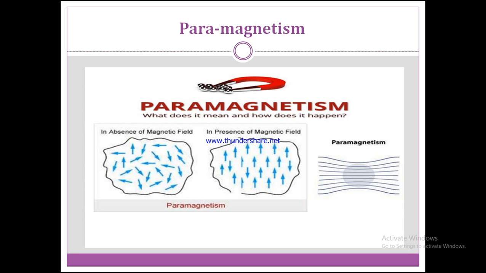The phenomenon of paramagnetism is analogous to the polarization process in dielectric materials. As we know the polarization process of a dielectric material, the same concept happens with paramagnetic materials, and hence it is analogous to the polarization process in dielectric materials.